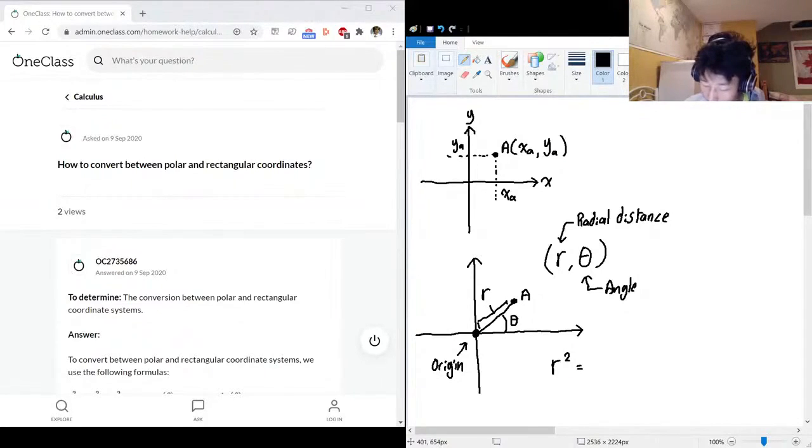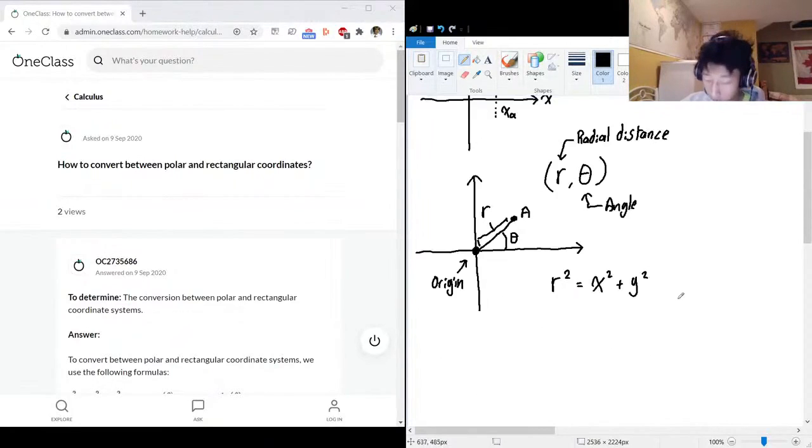So this would be x squared plus y squared. Let's isolate for r on its own. So without the r squared part, we can just make that r is equal to the square root of x squared plus y squared. Cool. Now, should we worry about plus minus?